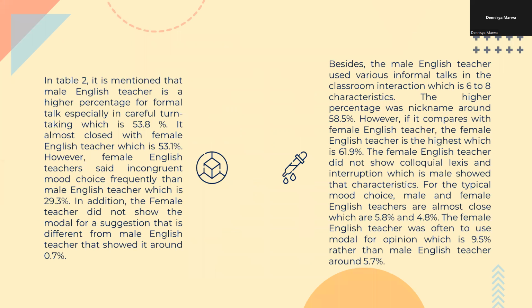Okay, we can see in this table too, it is mentioned that the male English teacher has a higher percentage for formal talk. So of course, it is different for the female teacher. The female teacher only produces 3 characteristics. In terms of informal talk, the male teacher uses various characteristics.